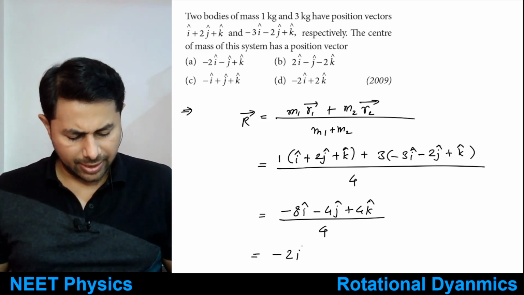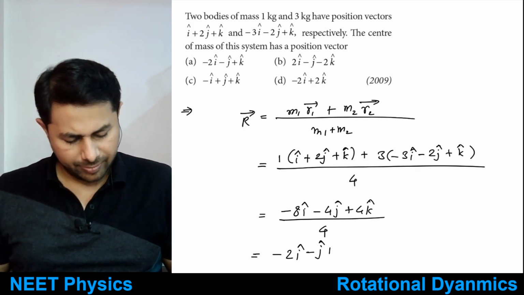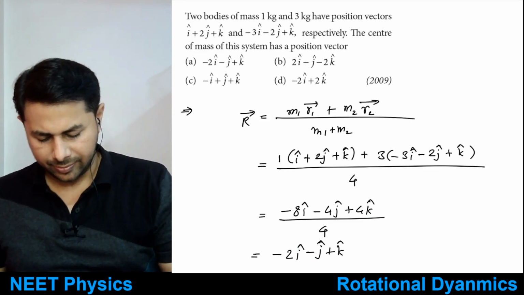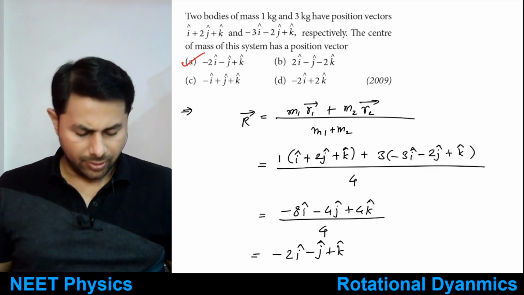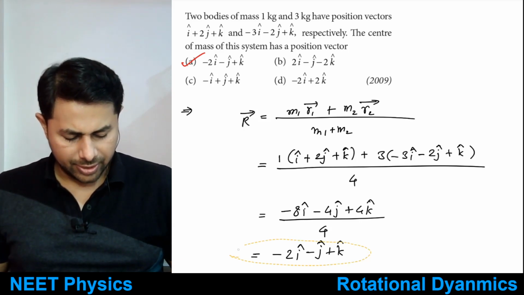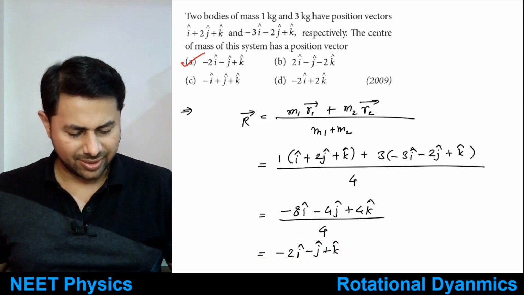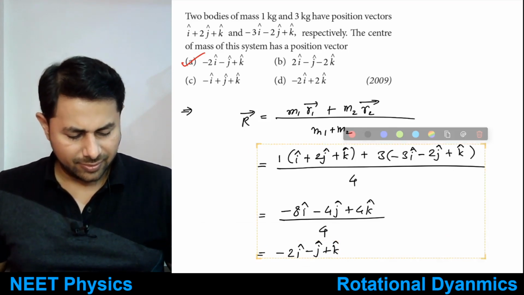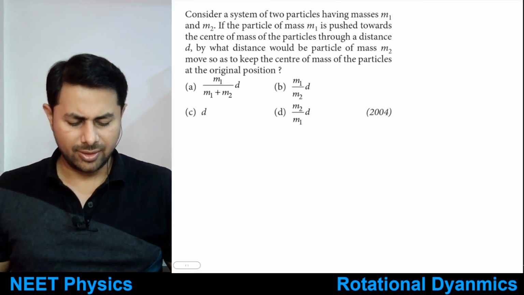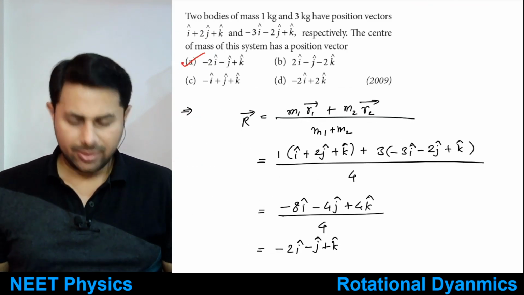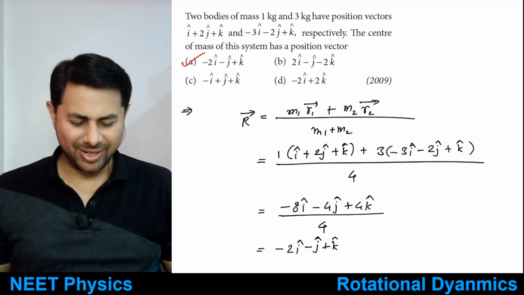That is minus 2 I cap minus j cap plus k cap, right. So it is option A. Okay. So again calculation, but these kind of problems have been asked, right. So there is nothing in these problems, right. So this is just like warming up.